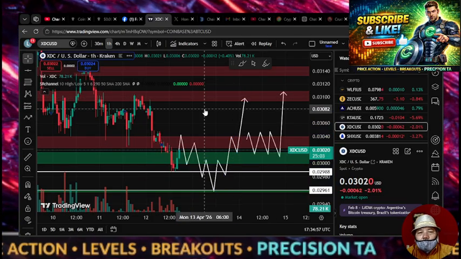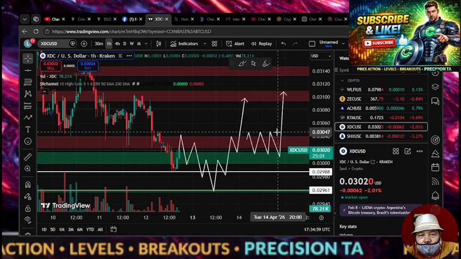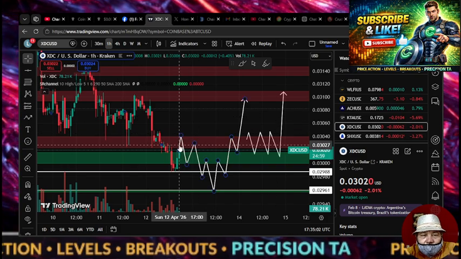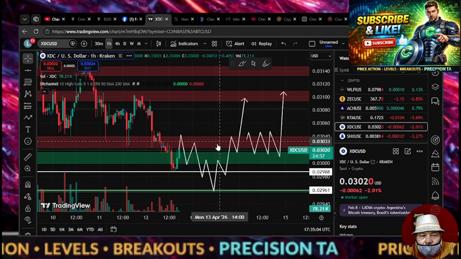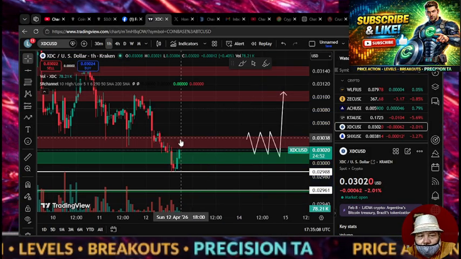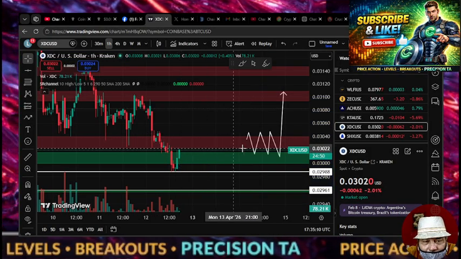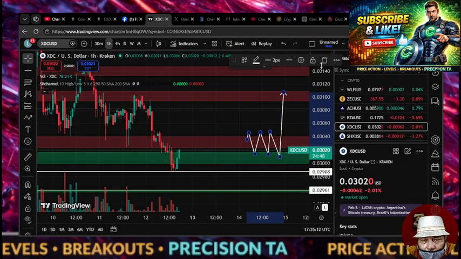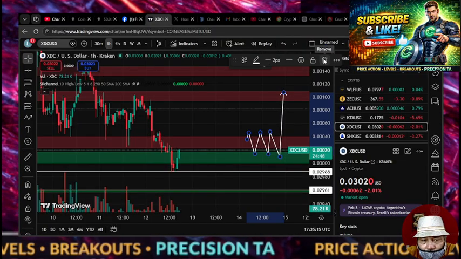That could also work out. But I do see us pushing up a little bit more, getting close to the top of it. Because I wanted to bring you this on the 1 hour chart.